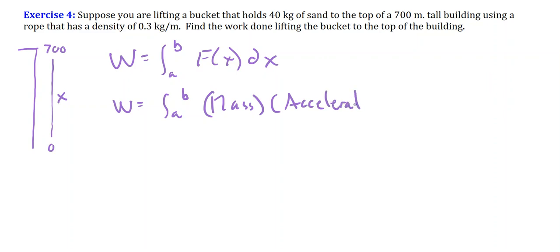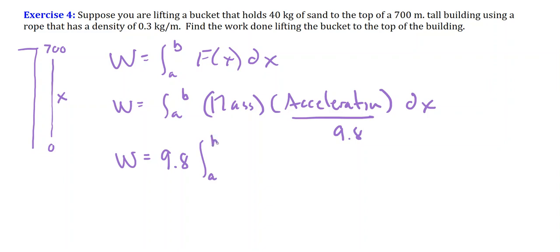And in this case, we're dealing with acceleration due to gravity, and so this is a constant 9.8. So we could rewrite this integral as 9.8 times the integral from a to b of some mass function now, dx.